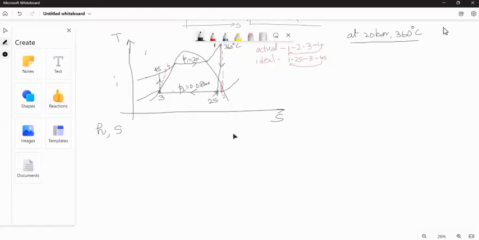You can see the whiteboard now. Now you can see 20 bar, 360 centigrade, but for the value interpolation, if you are not familiar with this, then you have to do interpolation.